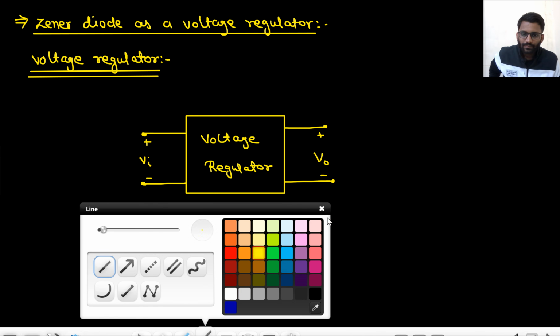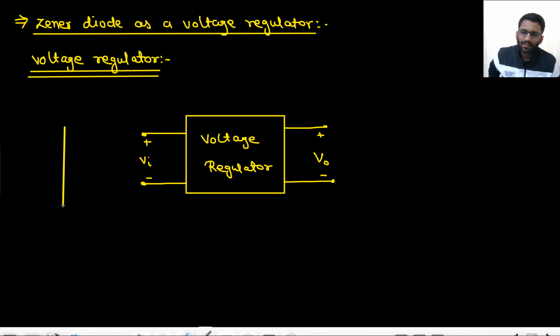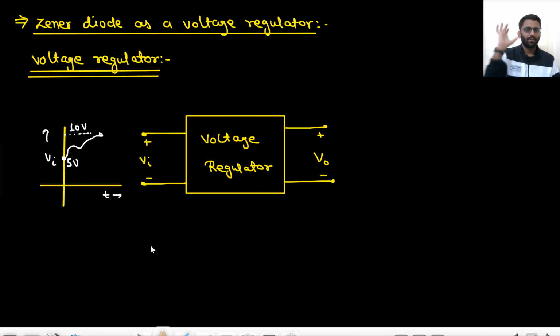Let's just assume I have an input voltage Vin that is varying, with respect to time or anything, from some 5 volt to 10 volt. So from 5 to 10 volt it is varying, but you need a constant voltage at the output. What do you need? A constant voltage.